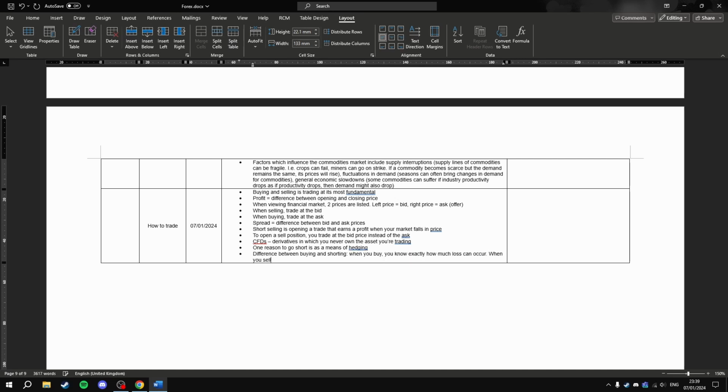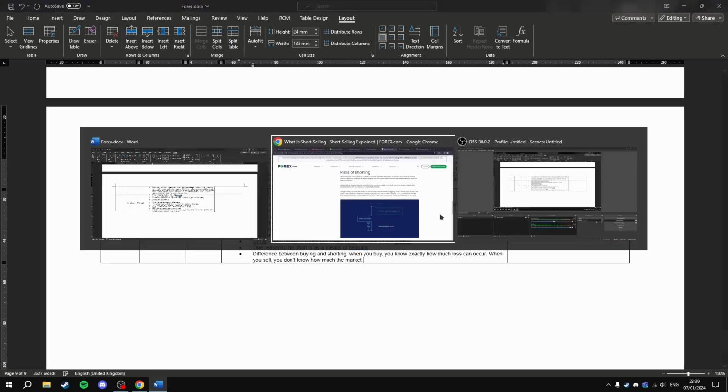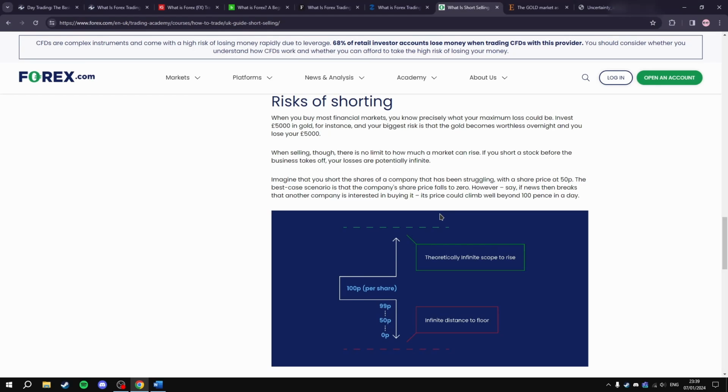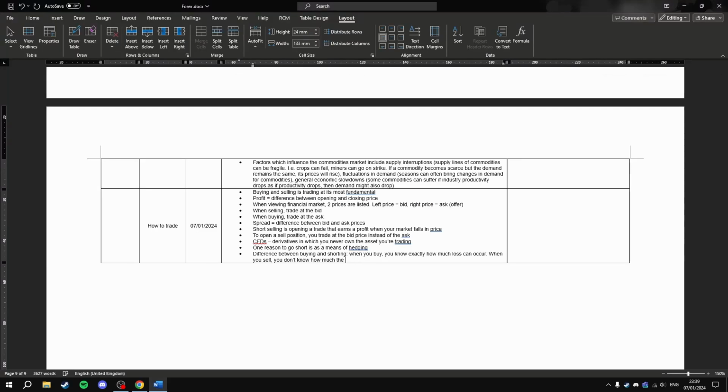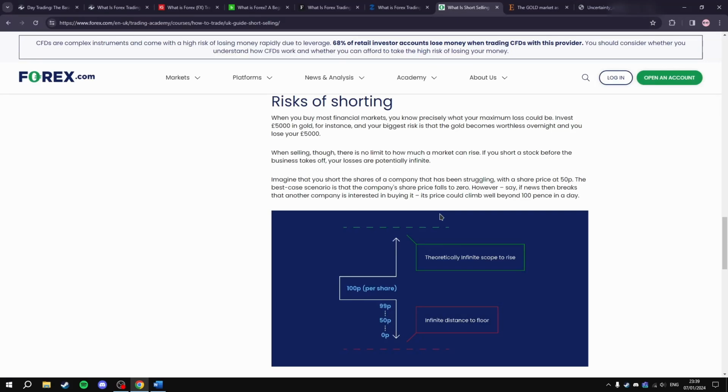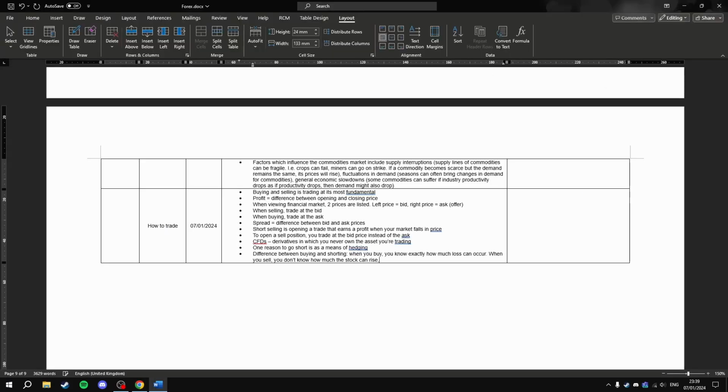When you sell, you don't know how much the stock can rise. Therefore, the losses are potentially infinite.